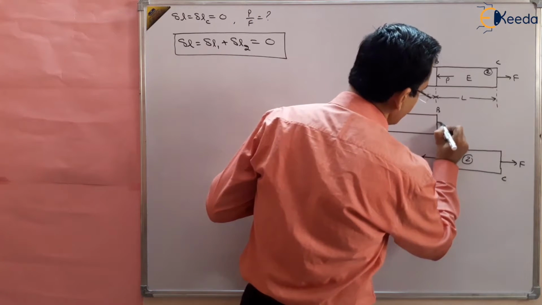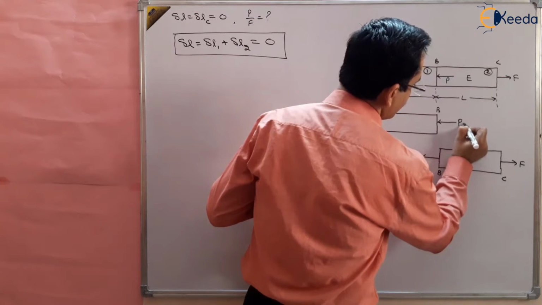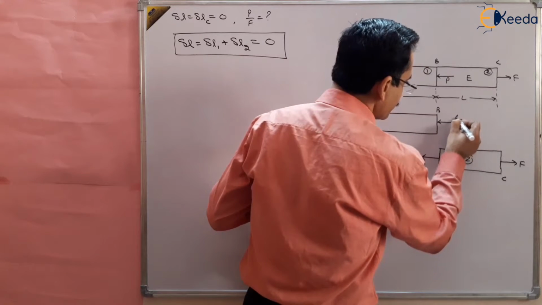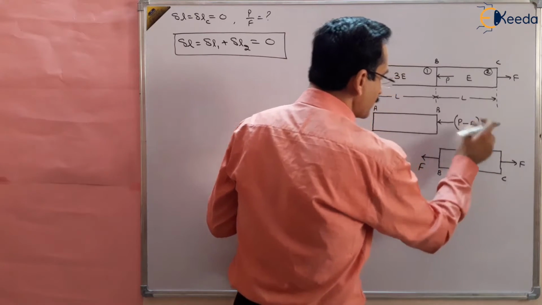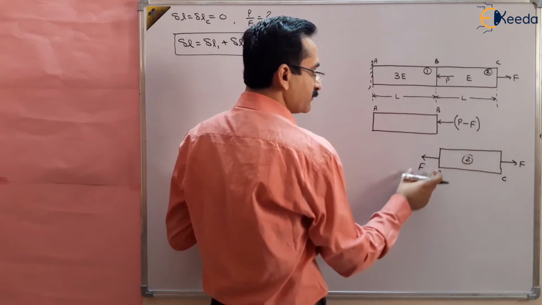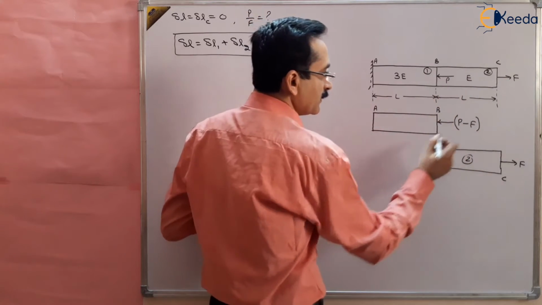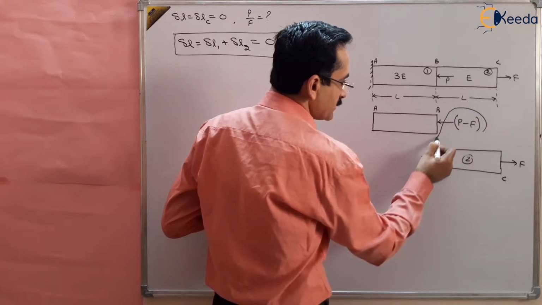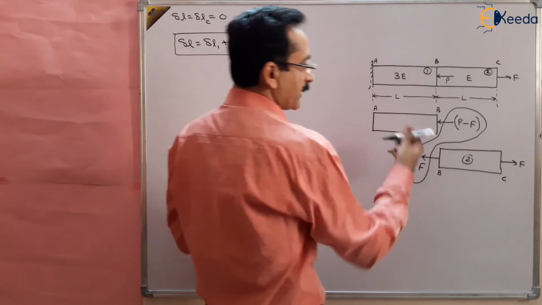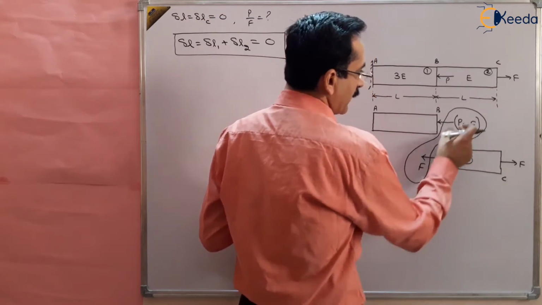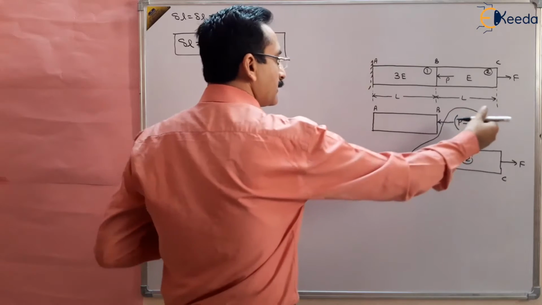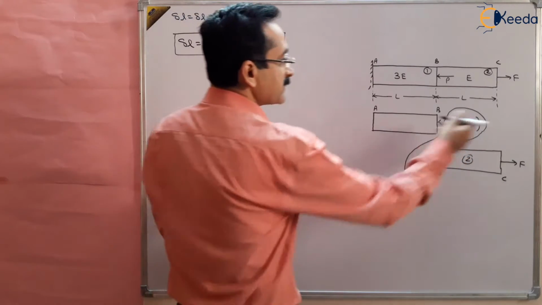We can apply P minus F here, so that P minus F and F sum to P in the leftward direction. F and F cancel out and you get P in the leftward direction. So P minus F is applied here in the leftward direction and it is compressive.